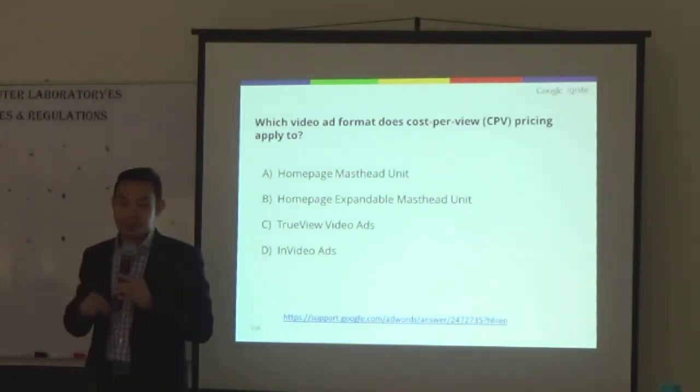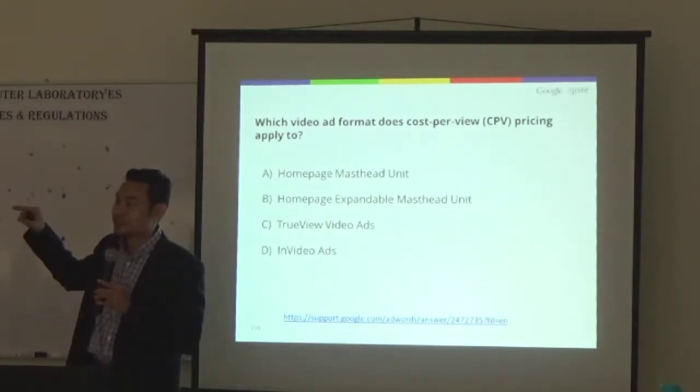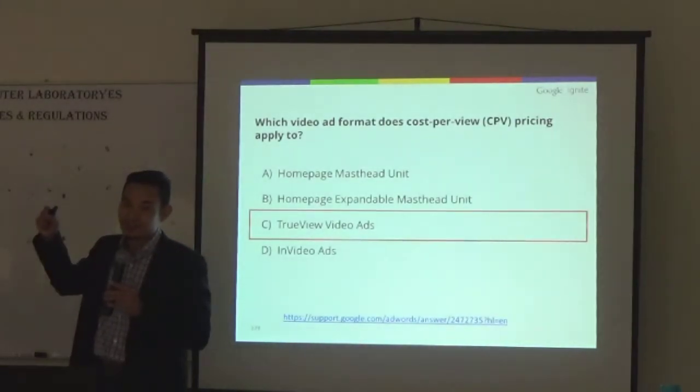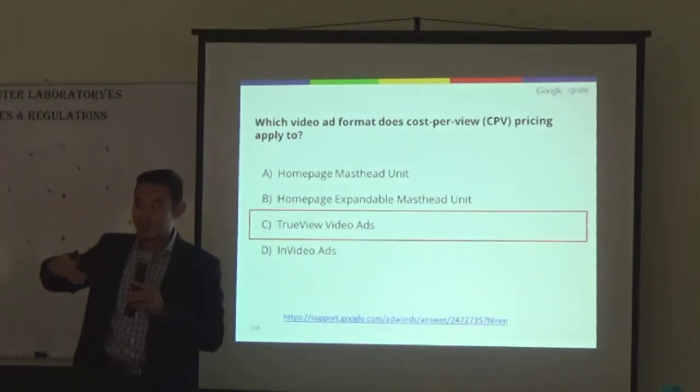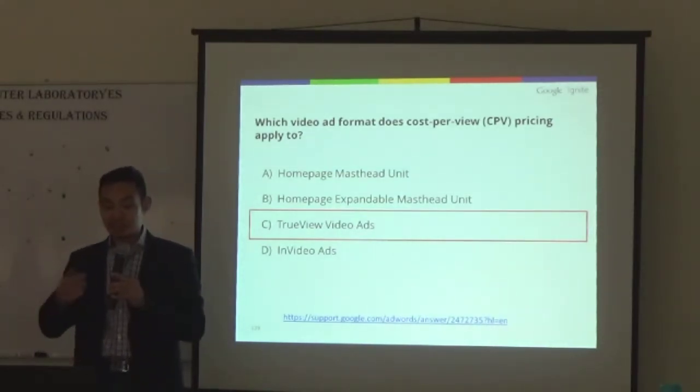Which video ad format does CPV pricing apply to? Remember CPV previously? It applies to TrueView? Exactly. Again, this question emphasizes the fundamentals I explained previously in the presentation, to ensure that all of you understand what TrueView is.